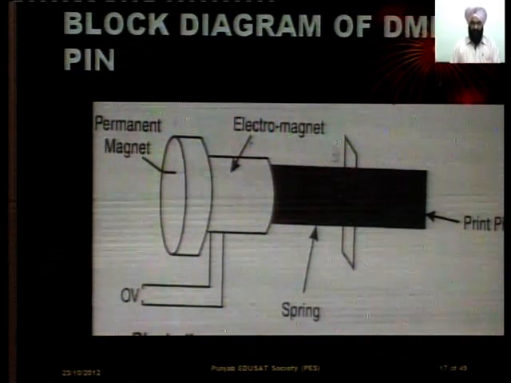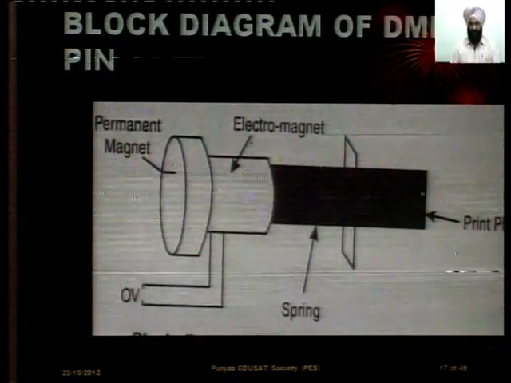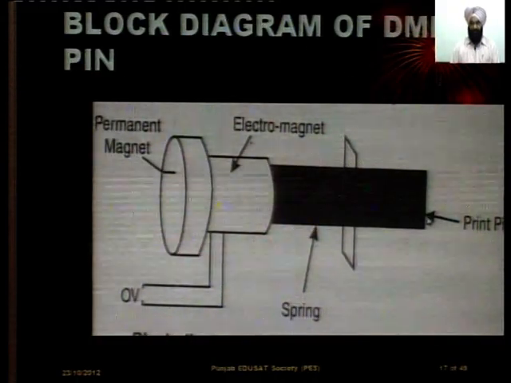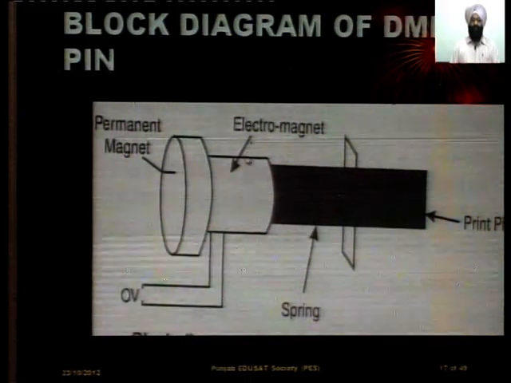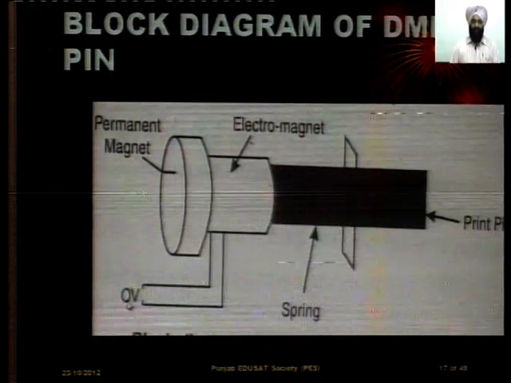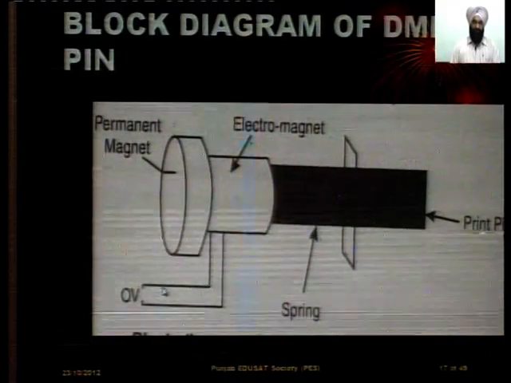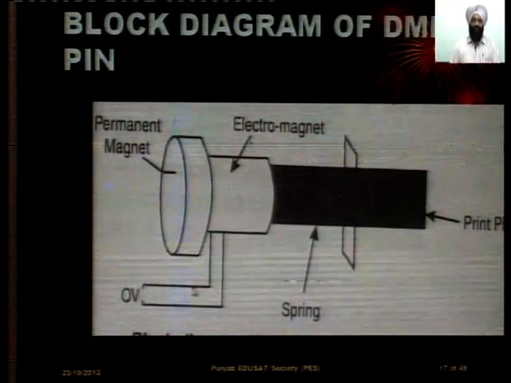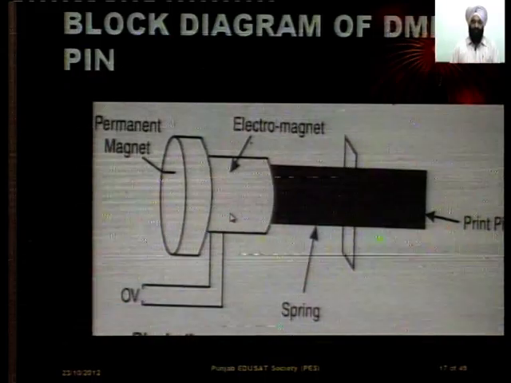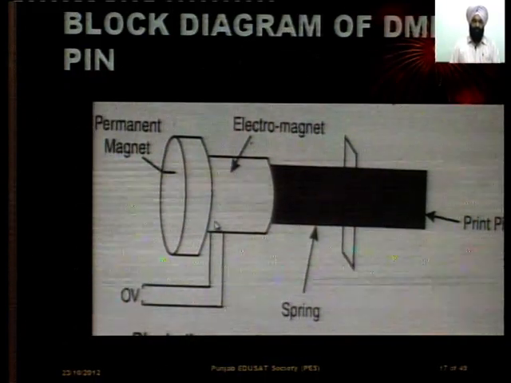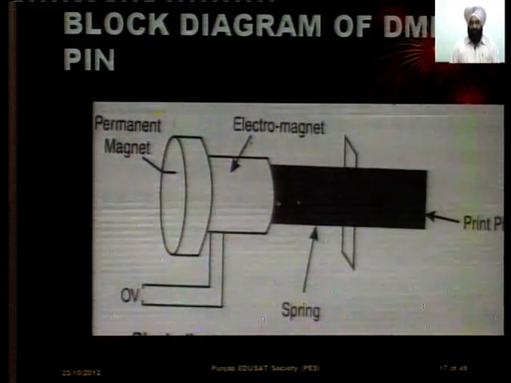Here there is a permanent magnet, then an electromagnet, and then a spring, and the print pin is attached to this spring. When we apply some voltage, in the form of the output voltage of the computer system, to this electromagnet, electromagnetic induction occurs and the spring moves.